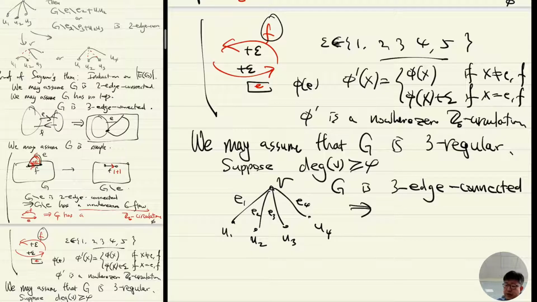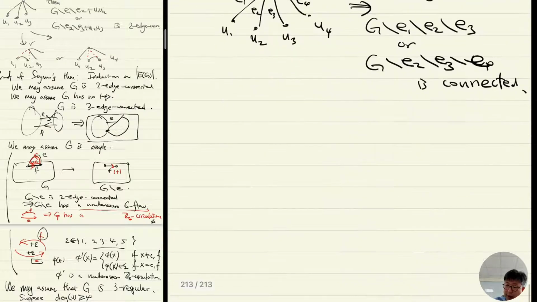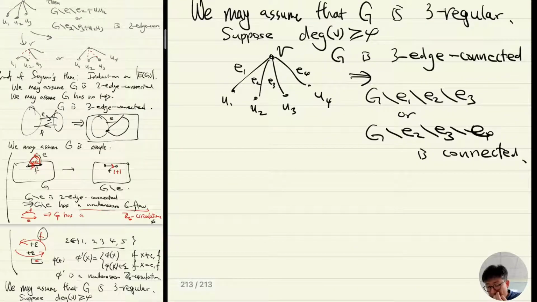Now, the graph is 3-edge connected. Now I claim that G delete E1, E2, E3, or G delete E2, E3, E4 is connected. Why? Suppose not.